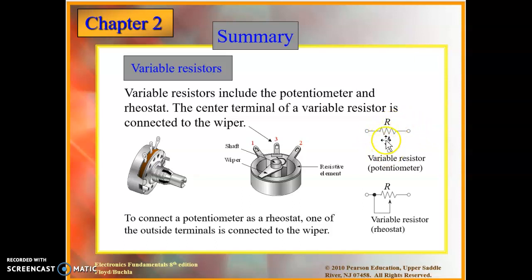Without this, this alone is the symbol representation of a resistor. This is how you will find it in schematics. If it has an arrow in between, it means it is a variable resistor.